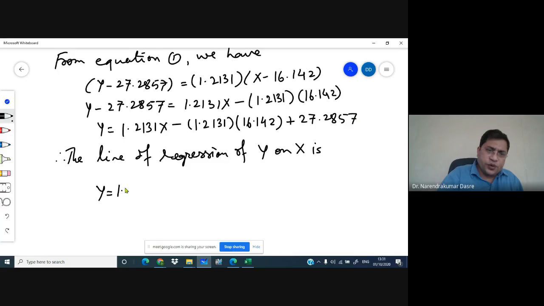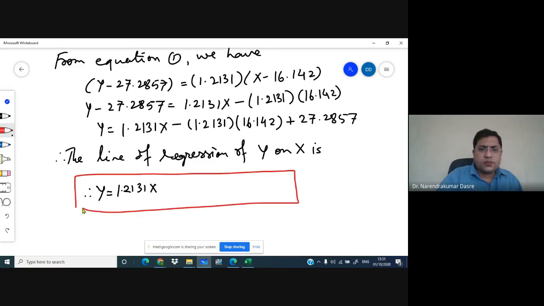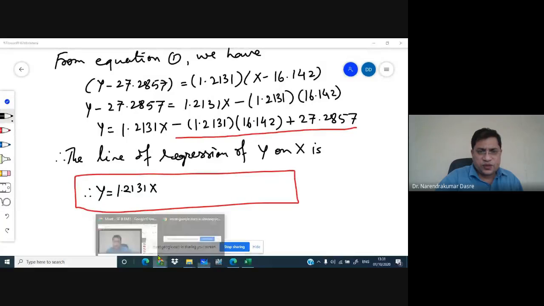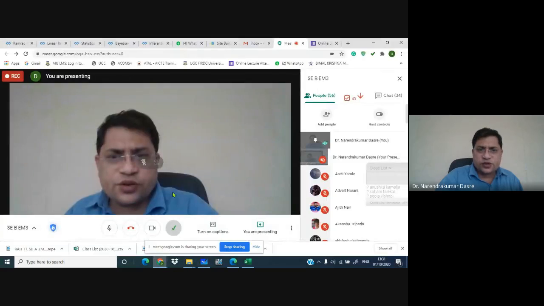So here we'll be having 1.2131x, then whatever this term will be. So please calculate this constant and tell me what is the value that you are getting.